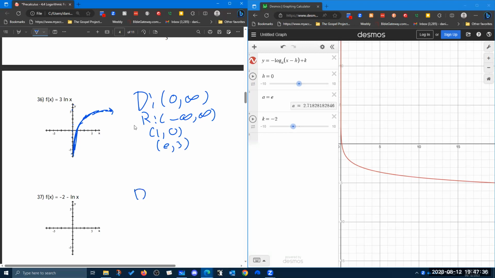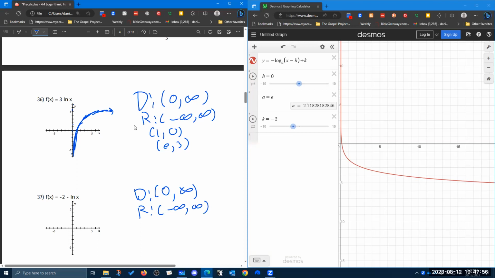So right here, the domain is going to be 0 to infinity. My range is going to be negative infinity to infinity.